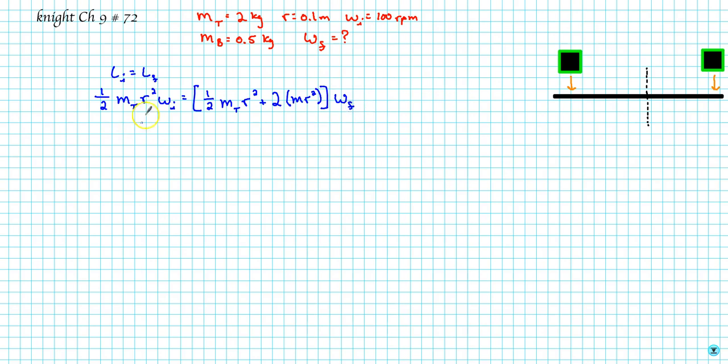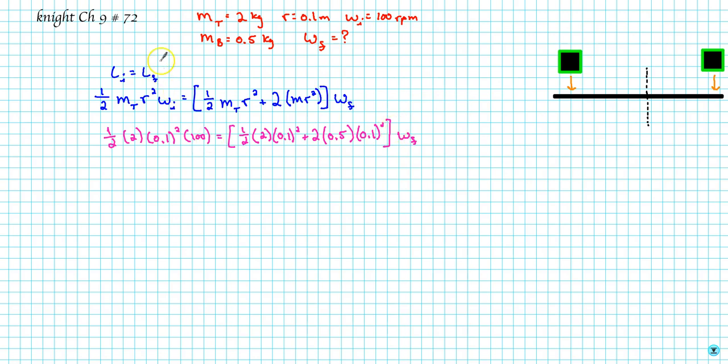Now if we plug in our information, we have 1/2 times 2 times 0.1 squared times 100, and that's equal to 1/2 times 2 times 0.1 squared plus 2 times each block's mass of 0.5, and they are also 0.1 away from the axis of rotation, and then we have omega sub f.